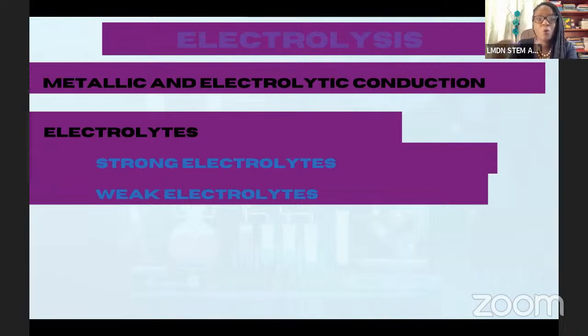So for example, water, I mentioned earlier, is a weak electrolyte. I was looking at some numbers and it said that imagine you have 560 million water molecules and only one of those gets ionized.